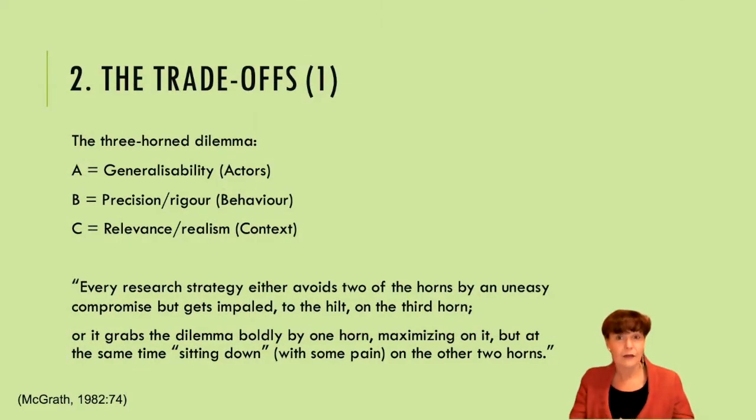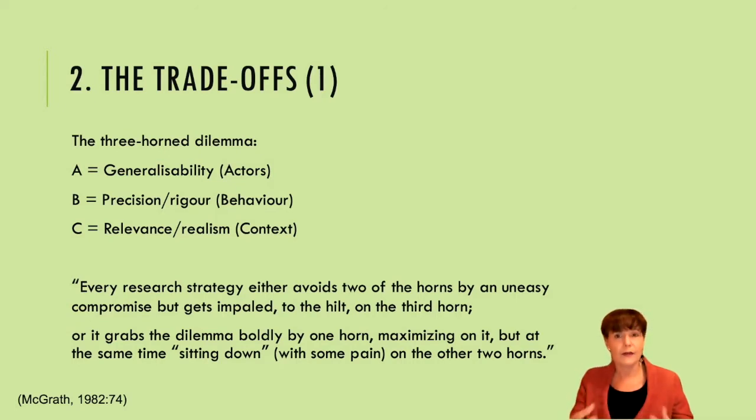The reading I set for today, McGrath, provides a typology that sees designing a particular research strategy as facing a three-horn dilemma. It is a typology that describes the behavior of actors in a particular context. Actors, behavior, context.